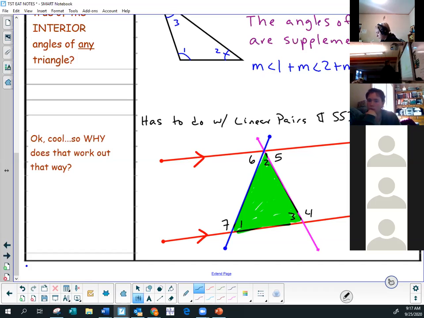Mr. Collins, why would the outside angles be numbered? Well, that's a great question. So if I'm looking at angle 5, why might it be important to consider angle 5, even though we're just looking at the angles of a triangle? Because it's an exterior angle from the triangle. 5 actually isn't an exterior angle.